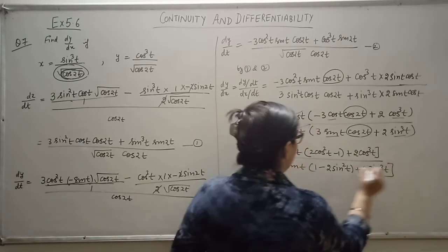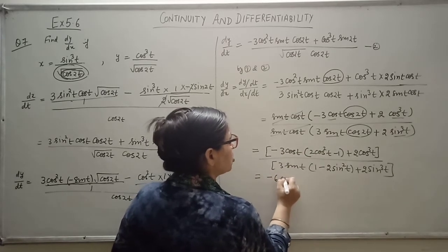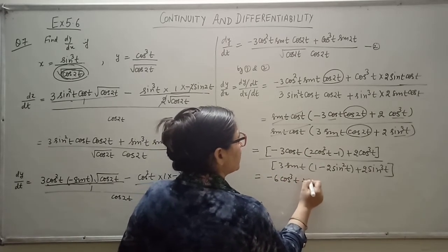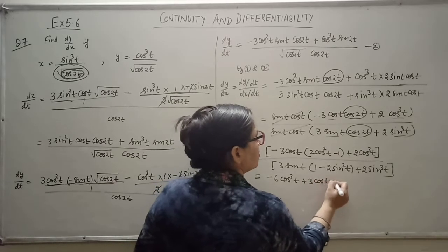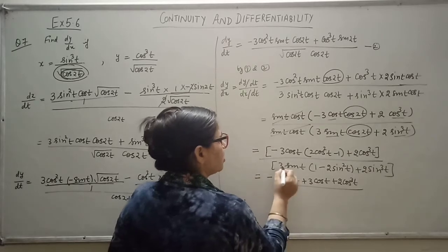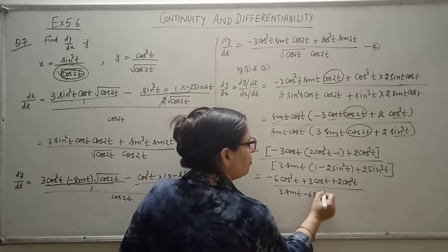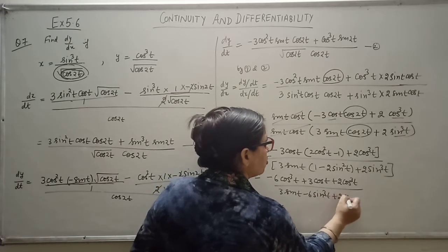Okay, now after this I am going to open this, multiply it: minus 6 cos cube t, minus minus plus 3 cos t, plus 2 cos cube t. And here 3 sin t minus 6 sin cube t plus 2 sin cube t.